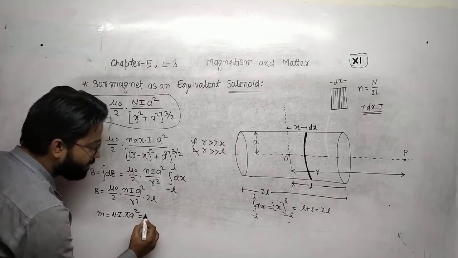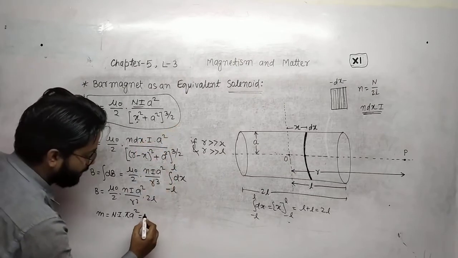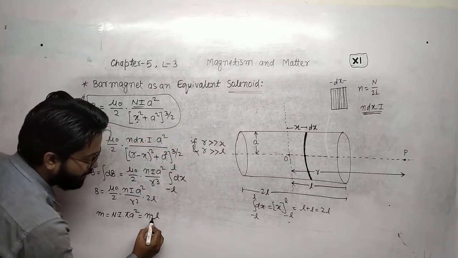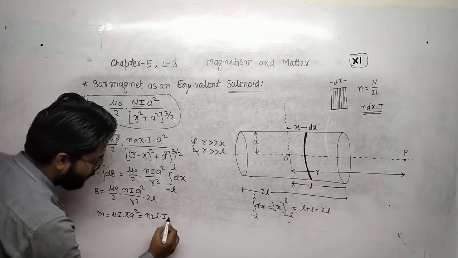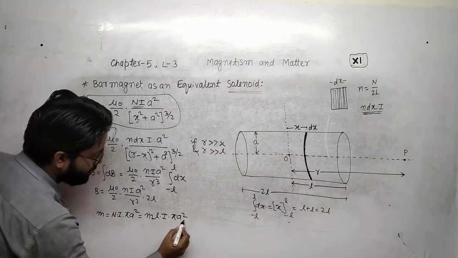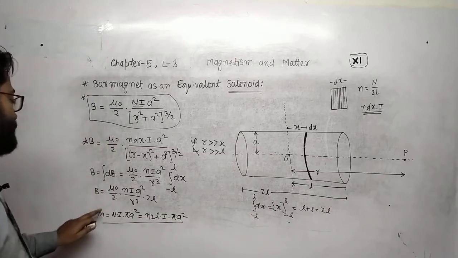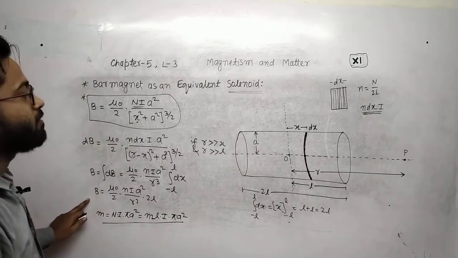In place of N you can write n into 2L, so n into 2L into I into pi A square. This is the magnetic moment, and try to introduce the magnetic moment in this formula.